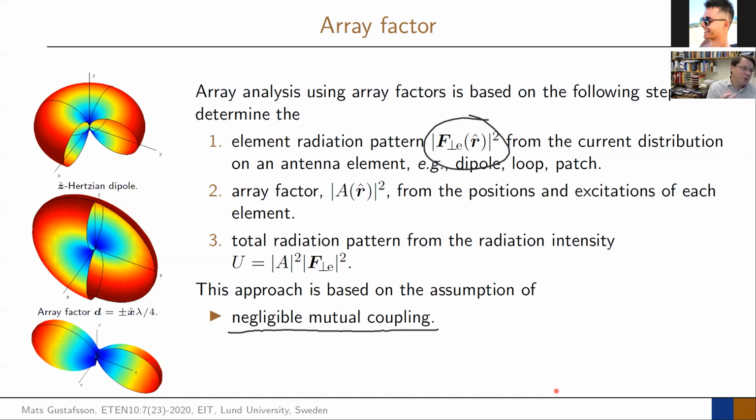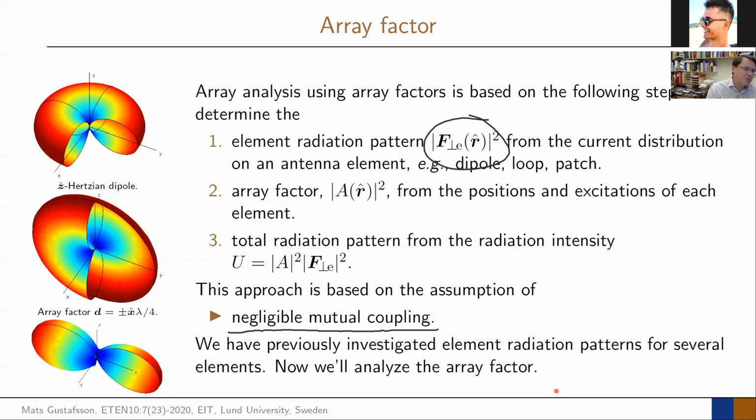That is one of the really fundamental assumptions that we have. We will look at that a little bit before. And as I mentioned before, previously we have investigated these element radiation patterns, which means that now we're going to study the array factors. So that's what we're going to do now for the rest of these array lectures.